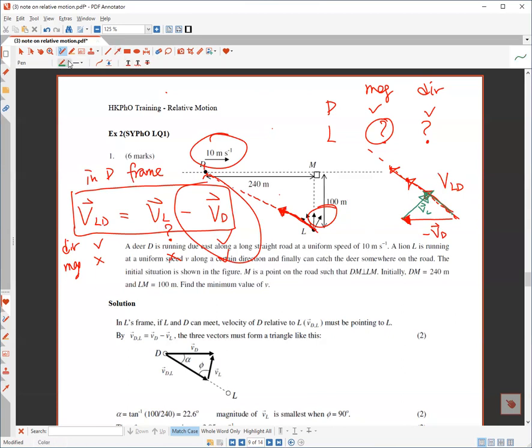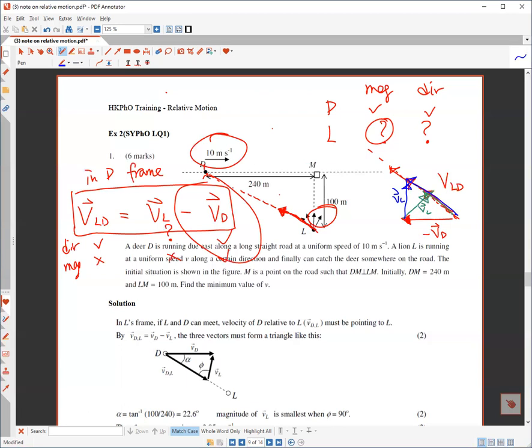And if this one is the VLD, then the VL must point towards here, such that the sum of the VL and negative VD points in this direction. But if you compare the green one and the blue one, obviously the green one is shorter.